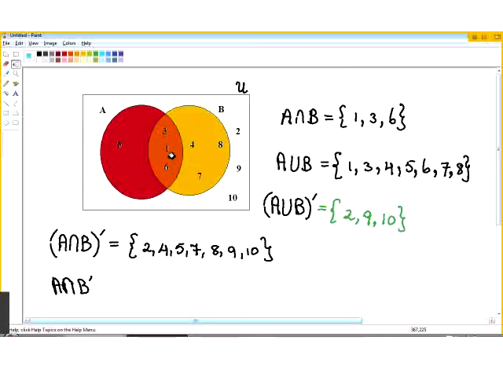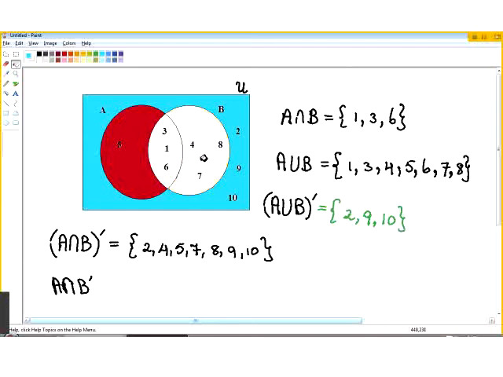Okay? Now we're looking at which region represents B prime. B prime will be represented by our red and blue region.